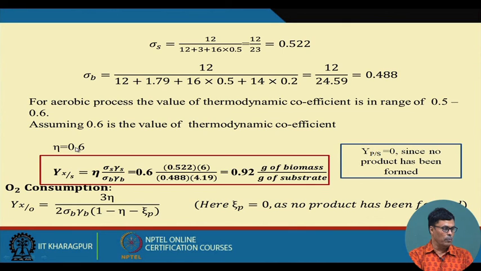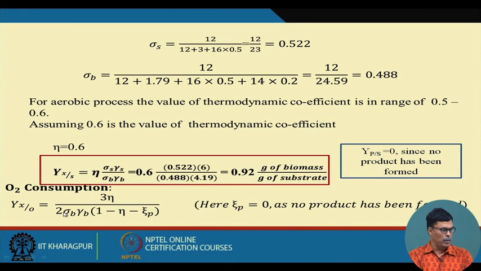Then eta will be equal to 0.5, and with the help of the degrees of reduction and sigma s we can easily find Y x by s. It comes to about 0.92 gram biomass per gram of substrate consumed. Similarly we can calculate the oxygen consumption.